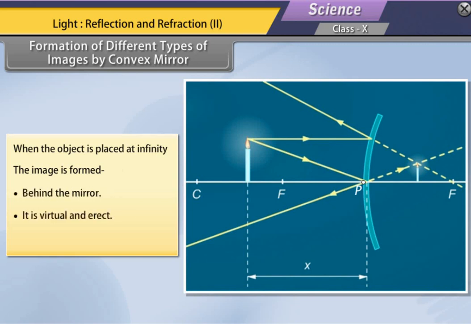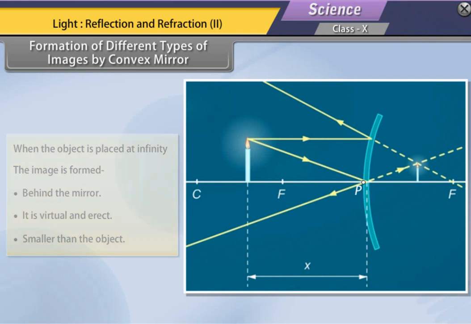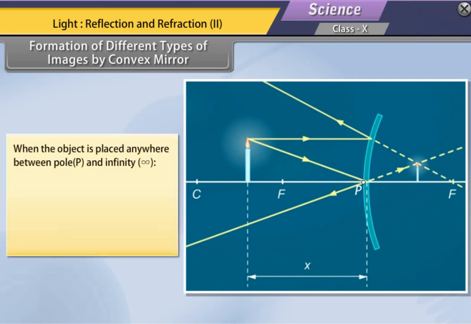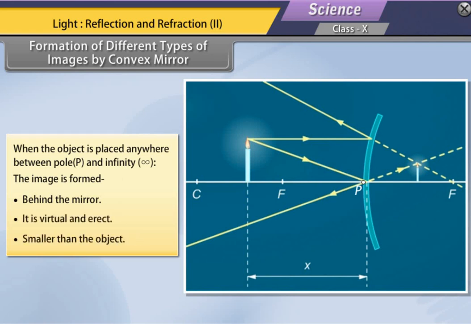It is virtual and erect, smaller than the object. When object is placed anywhere between pole P and infinity, image is formed behind the mirror. It is virtual and erect, smaller than the object.